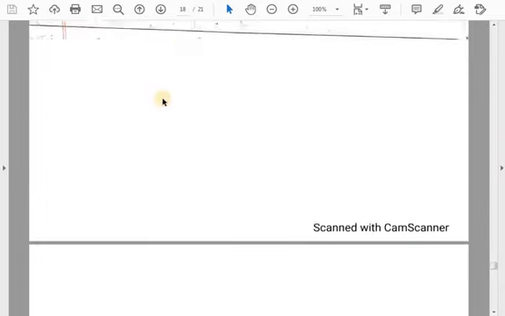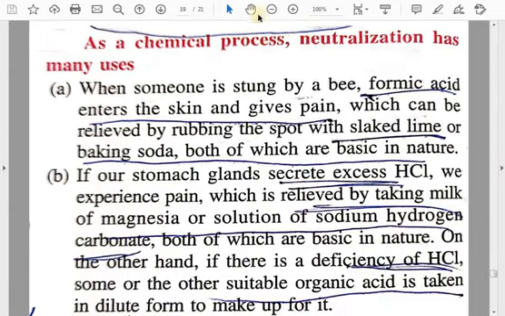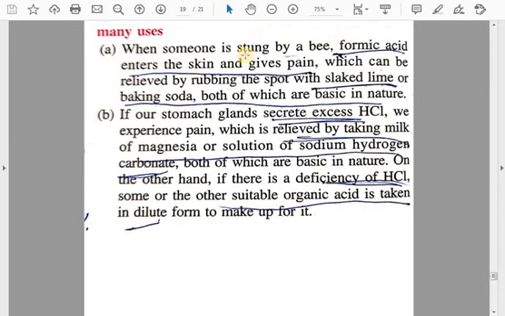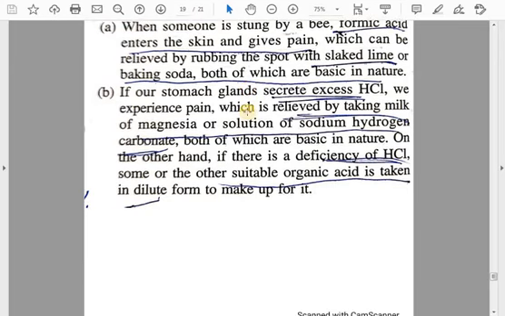Then go for the applications of neutralization. Now if someone is stung by a bee, formic acid enters the skin and gives pain. So that can be relieved by rubbing the spot with slaked lime or calcium hydroxide or baking soda, both of which are basic in nature.